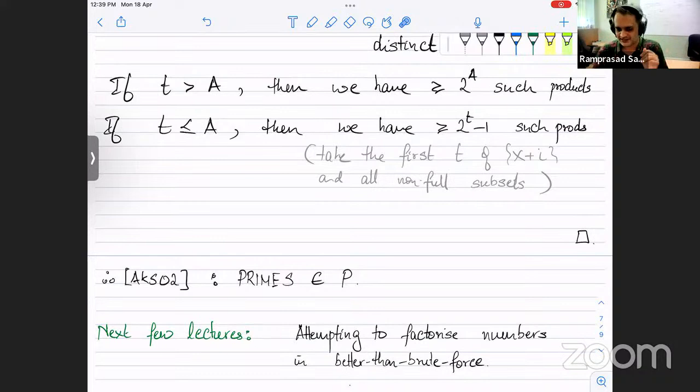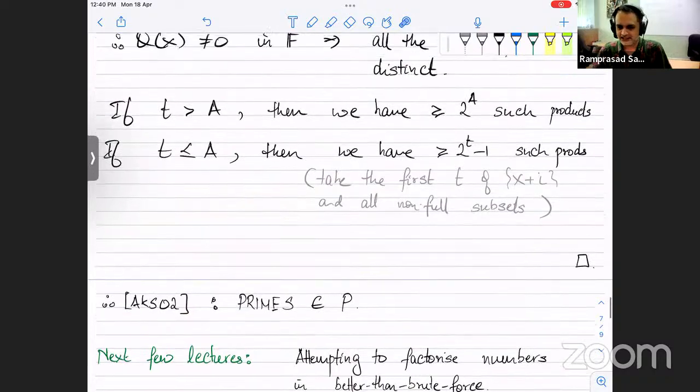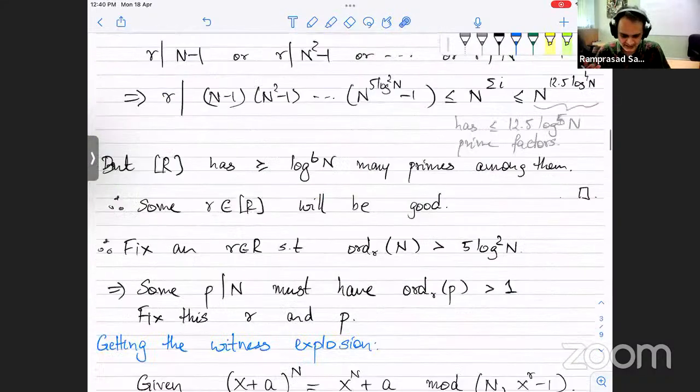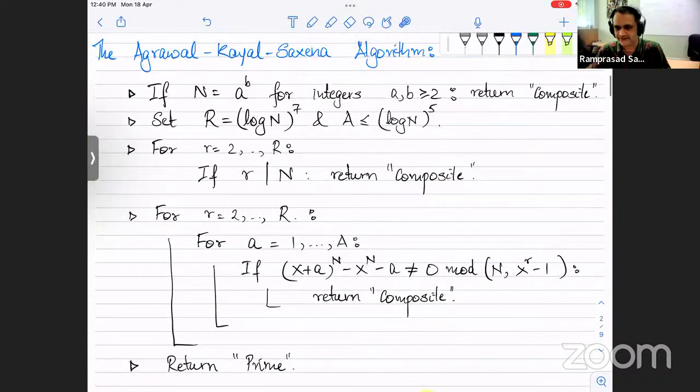Anyway, I'll put these in the Dropbox folder, and this is complete. The only thing in today's lecture that we didn't prove was the density of primes. If you really want to get to first principles, that's the one thing we're taking for granted. Okay, so let me just ask if there are any questions and so on.